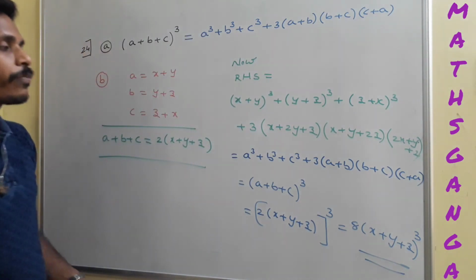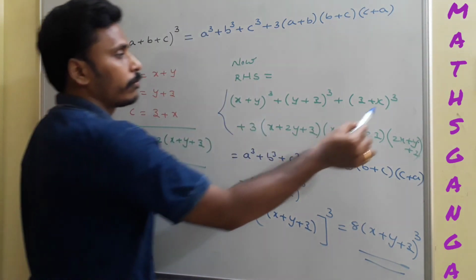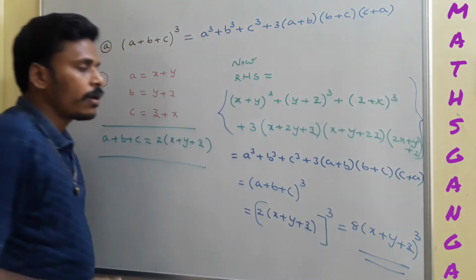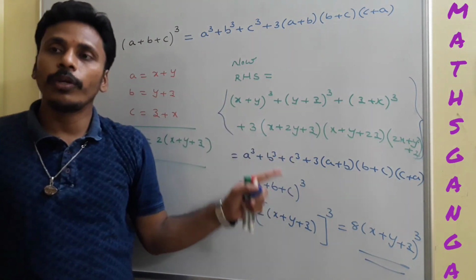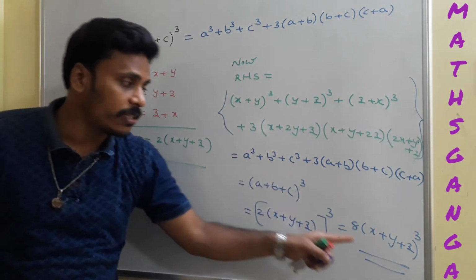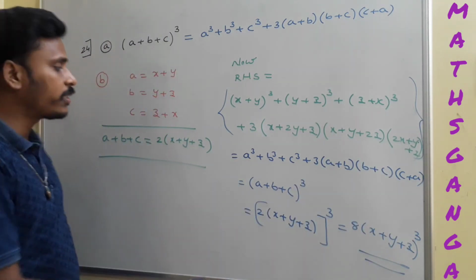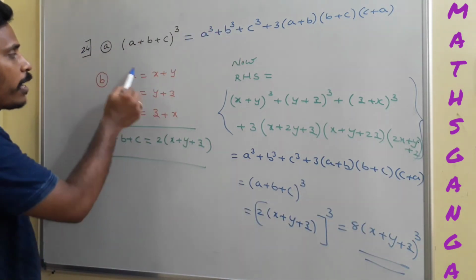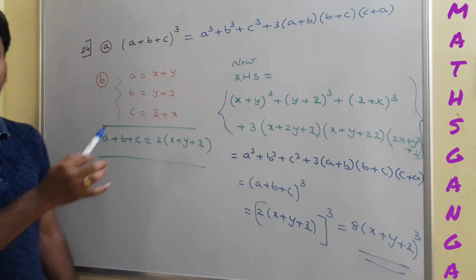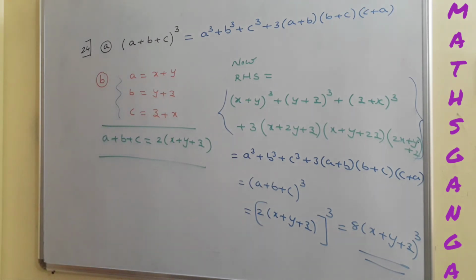So usually this expression may be given, and you need to say that the simplification is 8 times X plus Y plus Z whole cube. We get it just by using this relation, replacing A, B, C like that. Just have a look, take a screenshot, and I will give you one more idea.